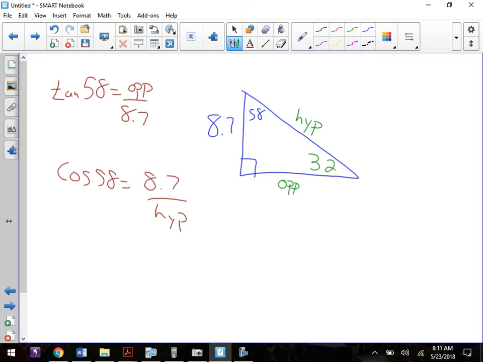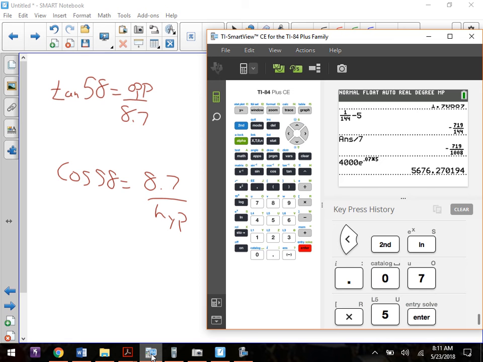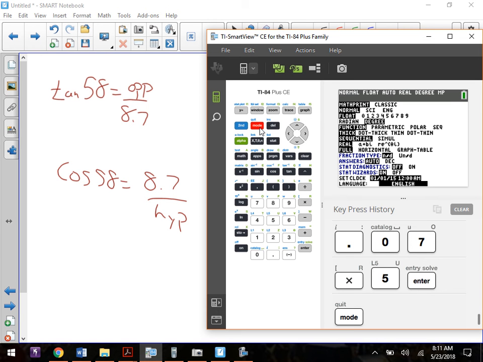Now, do you guys remember how to verify what mode your calculator is in? You press the button that says mode. Reminder: when you're doing trig in the calculator for solving triangles, law of sines, law of cosines and stuff, you need to be in degrees.